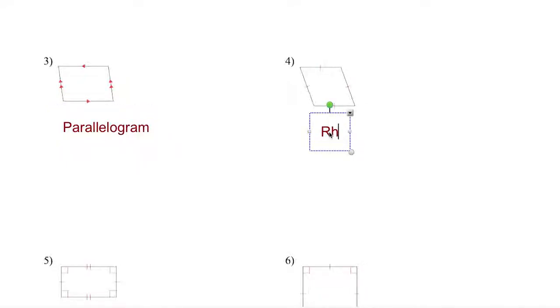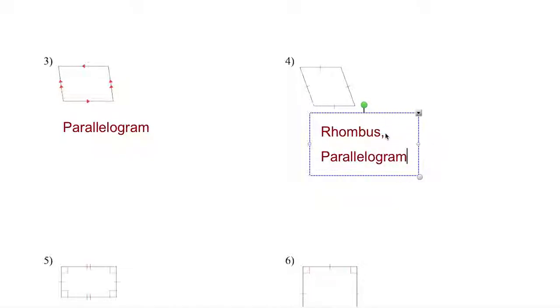All right, number 4, we can see that all these sides are congruent, so this is a rhombus. Because it's a rhombus, it's also going to be a parallelogram as well. All rhombi are parallelograms, so that's something to consider as we look at this.